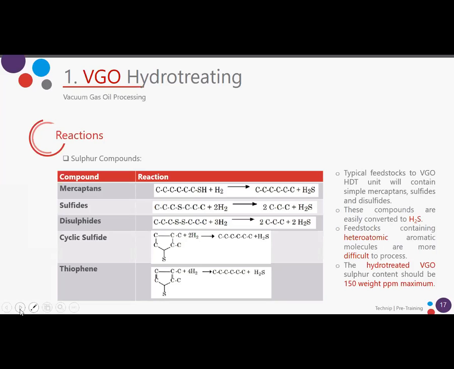That is required to have an FCC gasoline with 10 ppm. Okay, so these are the sulfur reactions. Remember, in presence of hydrogen at temperature and pressure conditions and the adequate catalyst, you will have these reactions.